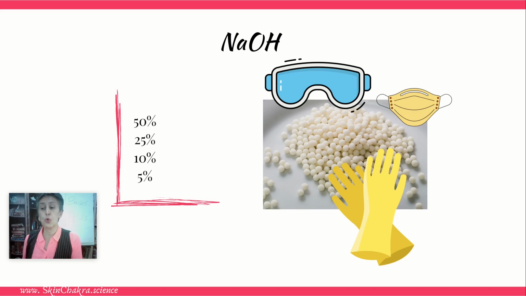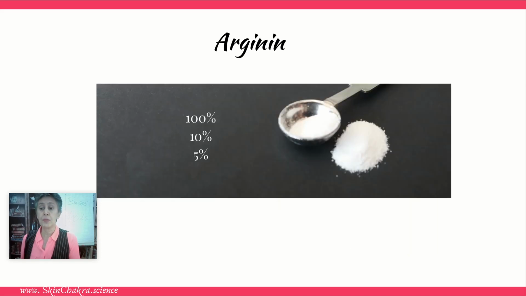You need to wear safety goggles, mask and gloves when you are working with this ingredient. Extremely aggressive, so really take care. And it is somehow intimidating, but it is one of the cheapest bases that you can use, and it is a very strong base. So you usually prepare 50%, 25%, 10% and 5% stock solutions.